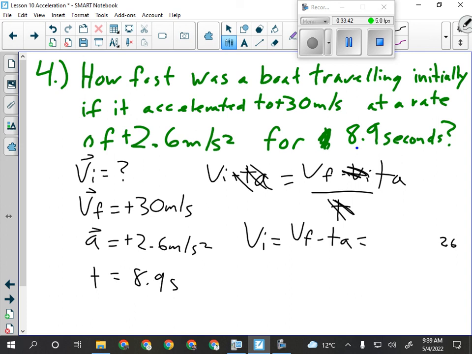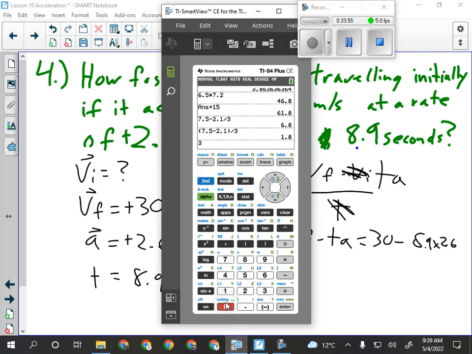So that'll be 30 minus 8.9 times 2.6. I'm writing it all in one line. Is that okay? It is in this case because the calculator will do what I want, which is multiply these two numbers together and then subtract it from that one.